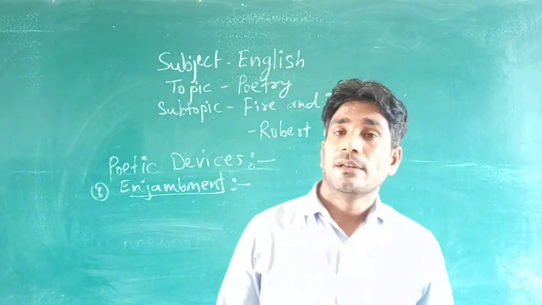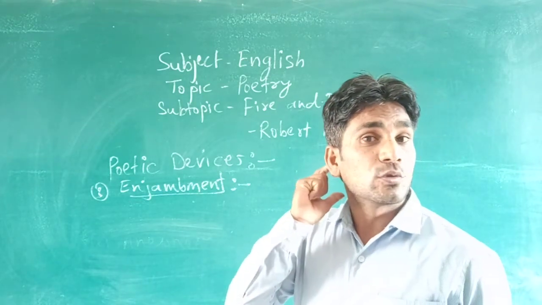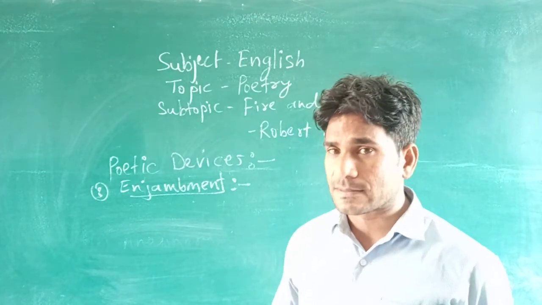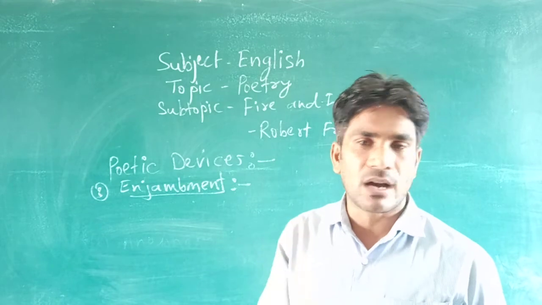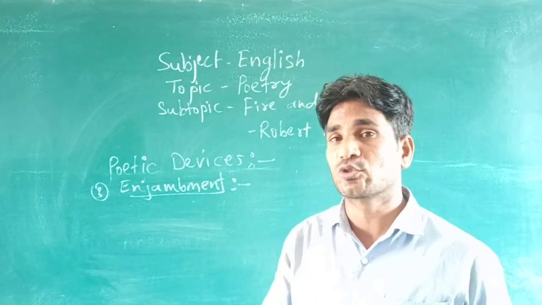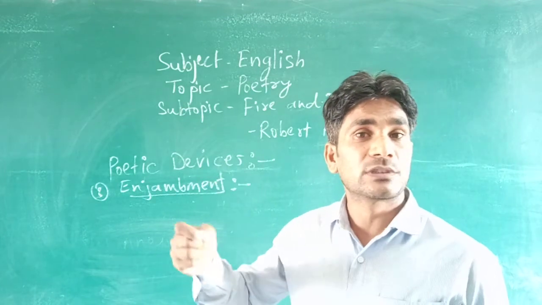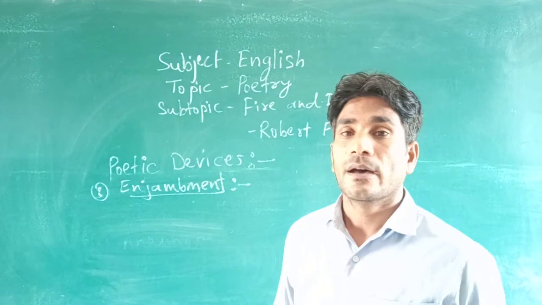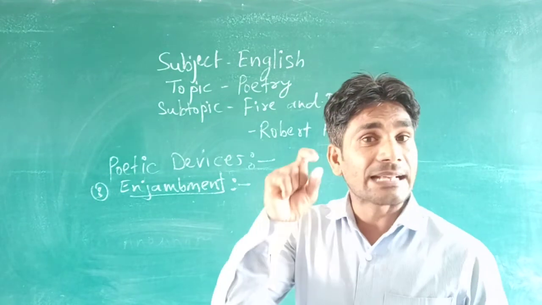Enjambment means when a sentence is continued in two or more lines without using any punctuation mark. When a sentence is continued in the next 2-3 consecutive lines, that is called enjambment. And look at the book, the last 3 lines.